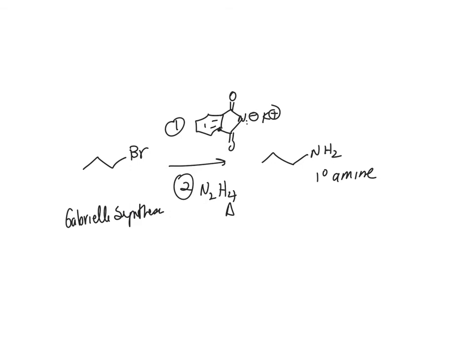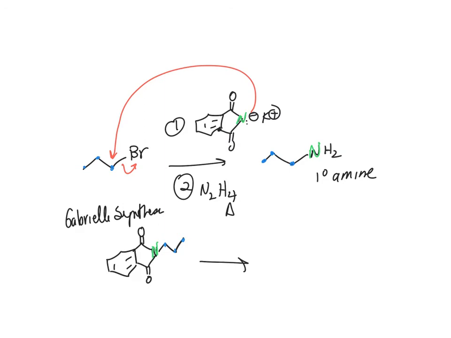So what happens here? It just does an SN2. So the first step, and so 1, 2, 3. This is the nitrogen that's going to be added. So this is going to be your nitrogen. This is going to be your 1, 2, 3. We don't care about the reagents because we'll wash those away with a separatory funnel, but we do care about hydrazine here.